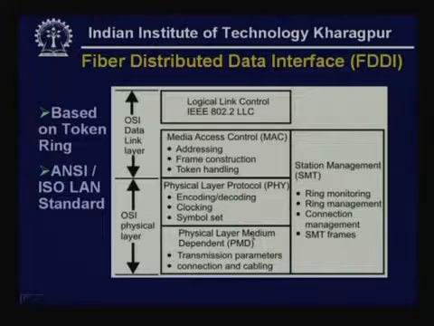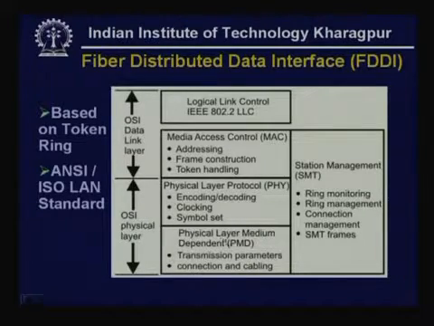First, let us focus on FDDI, which stands for Fiber Distributed Data Interface. It is based on token ring, and this is supported by the ANSI ISO LAN standard. As you can see, there is a close relationship between the ISO layers and the FDDI layers. The physical layer is divided into two sublayers.